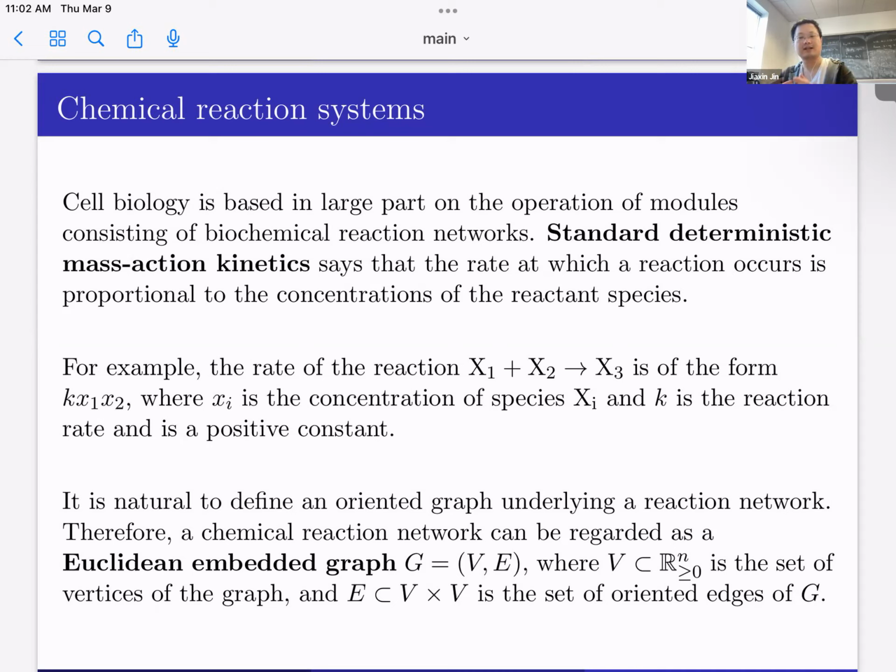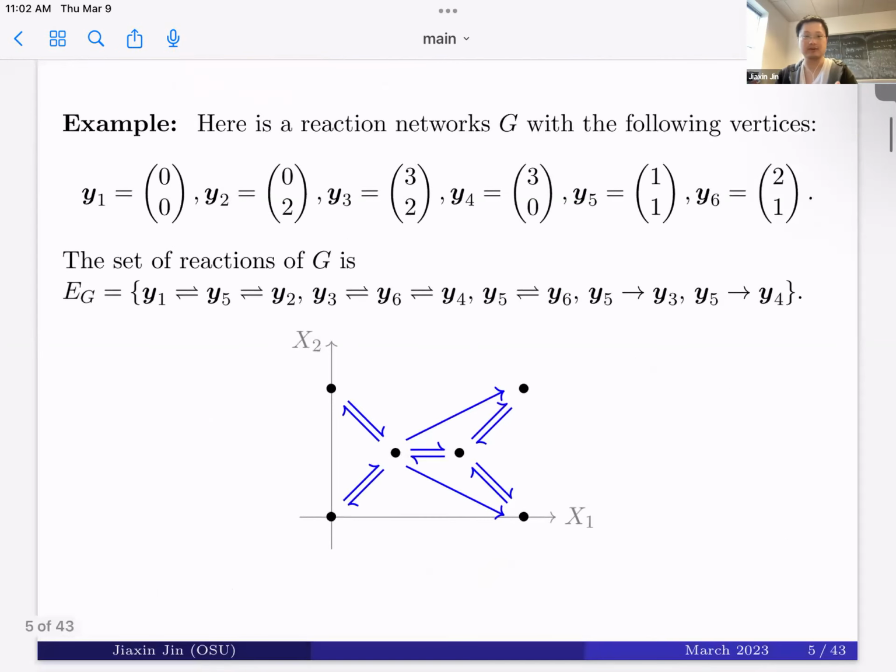Meanwhile, the edges connecting vertices on the graph represent reactions in the chemical reaction network. Here is an example. You can see we have quite a few complexes, Y1, Y2, up to Y6, and we can put them into the species plane, the X1, X2 plane, and we have several edges and vertices.